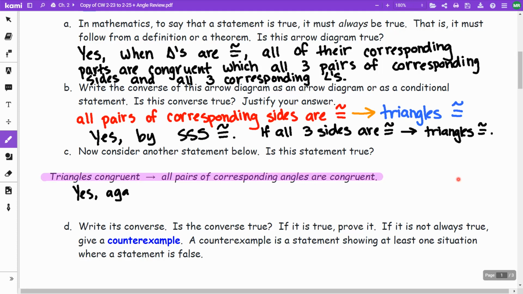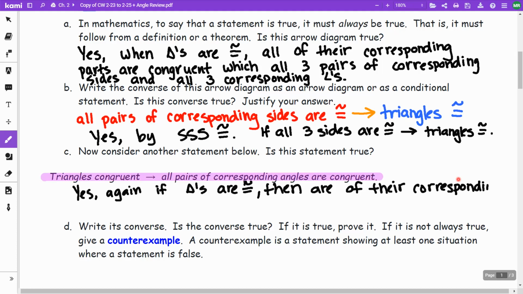Again, if triangles are congruent, then all of their corresponding parts are congruent.